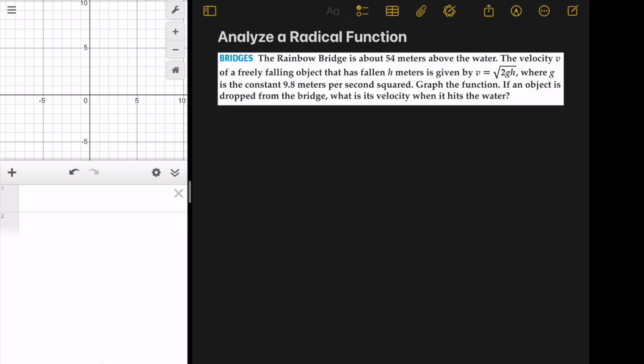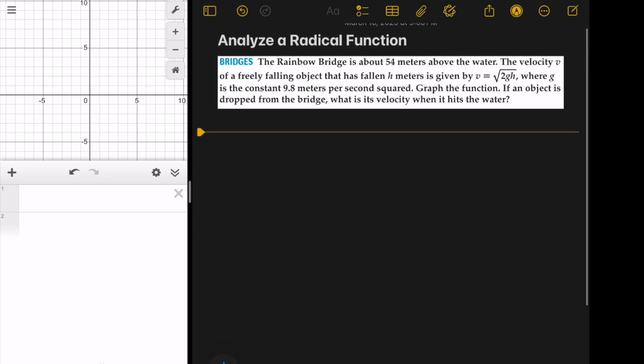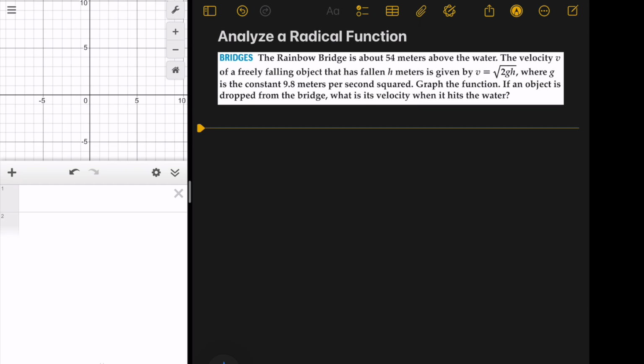So the first thing that we're going to do is to graph the function. Now the function as it's written has three variables in it, v, g, and h, which of course means we cannot graph it using a standard graphing calculator. However, the problem does tell us that the value of g is a constant, 9.8 meters per second squared.